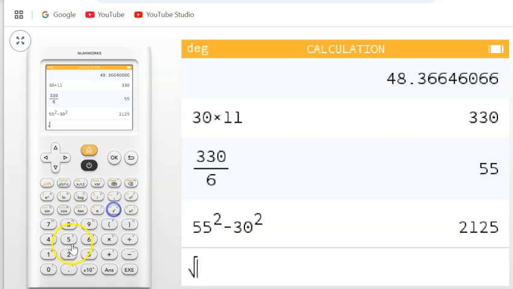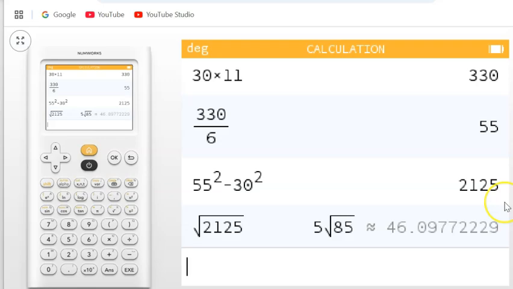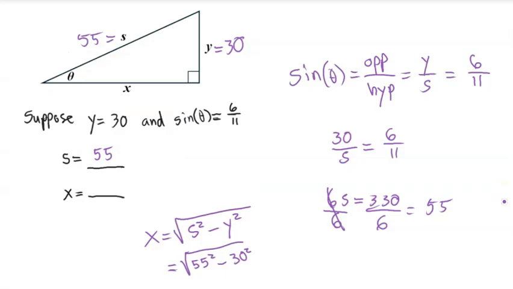I wonder if that's a perfect square. It's not, so it's just the square root of 2125.